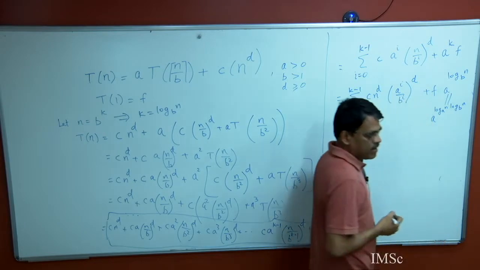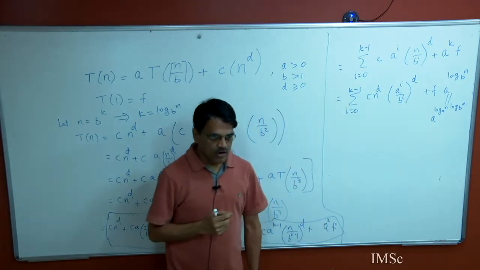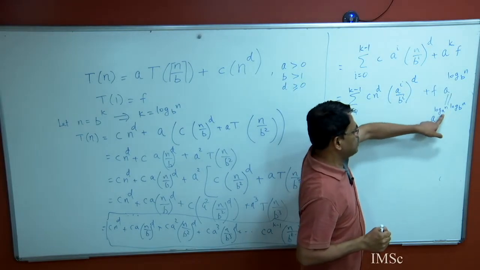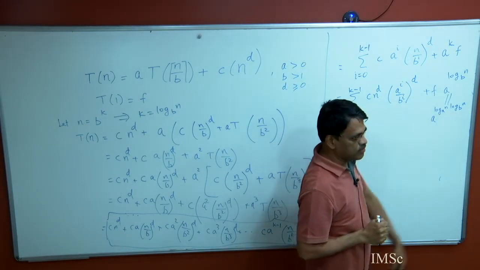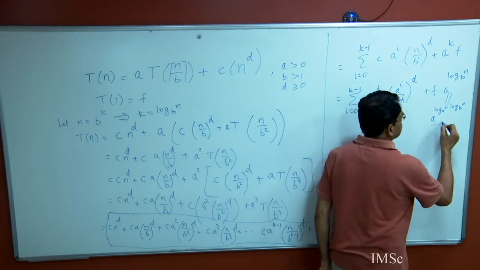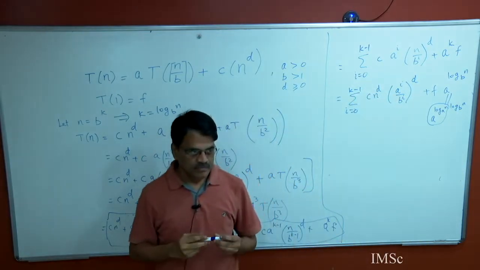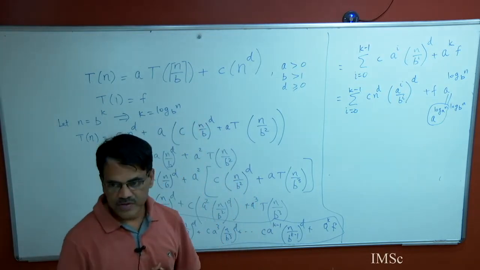Okay, it's just the property of log. Log n to the base A times log A to the base b. So what is this? N. Does everyone see that?